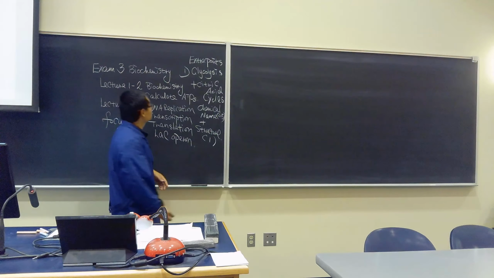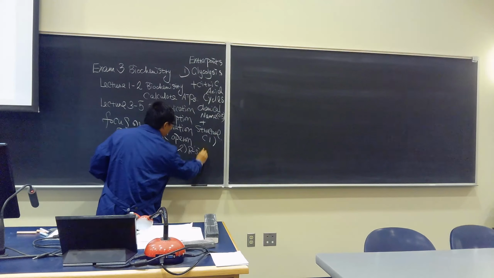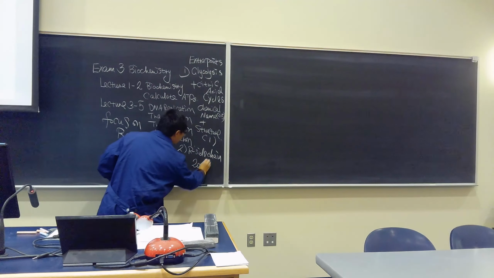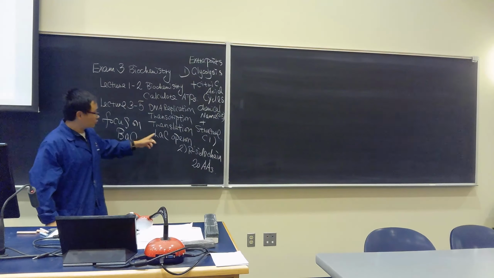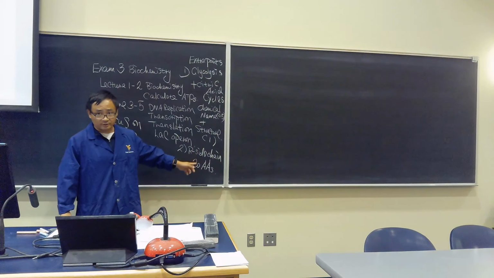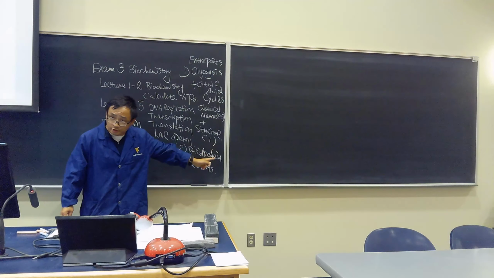Okay. Second, all side chains of the 20 amino acids. Because we're going to talk about translation, we're going to talk about the amino acids, all side chains of the 20 amino acids. We will go over this in detail in the lecture.